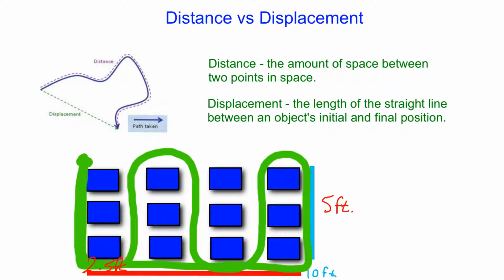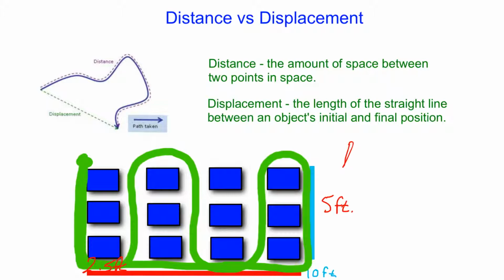So he moved 5 feet down, 2.5 feet over, another 5 feet, 2.5, 5, 2.5, 5, 2.5, 5, 10, and another 5. So when we add all of that up, the total distance he traveled was 55 feet.